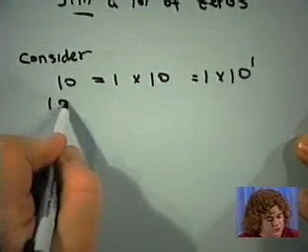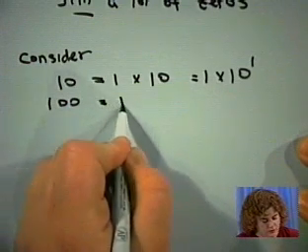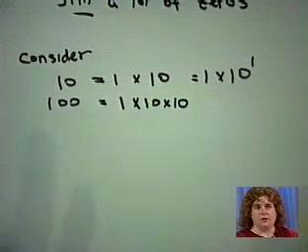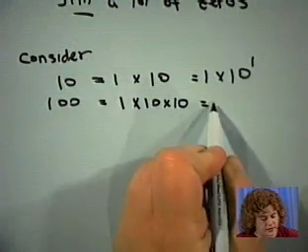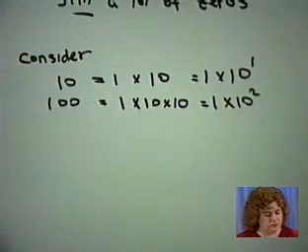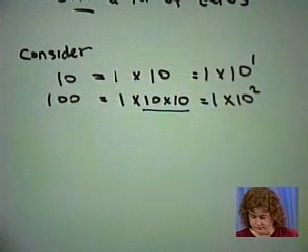I could write 100 as 1 times 10 times 10, but I have 10 to the second power here. 1 times 10 to the second power if I look at the 10 times 10 part.